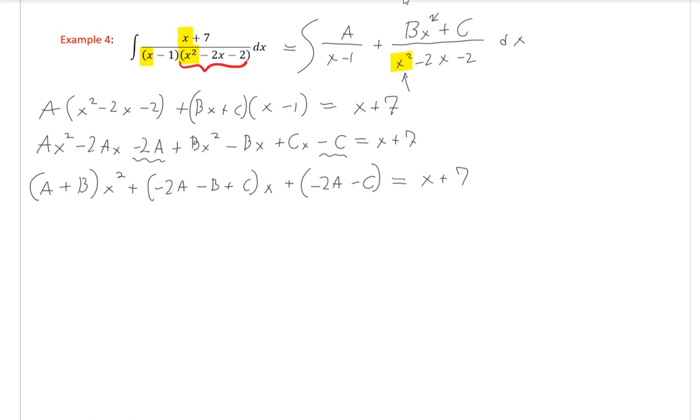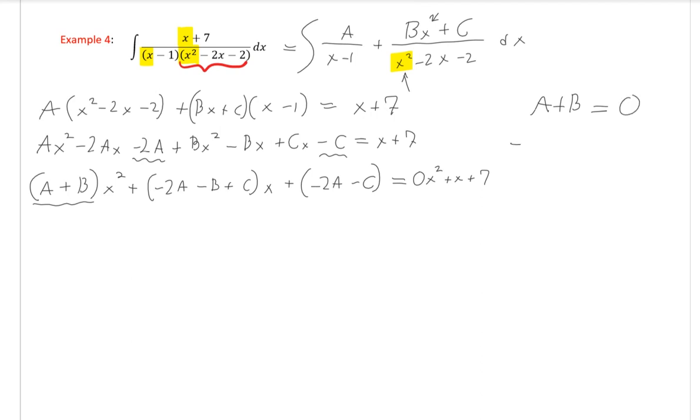Therefore, I have a system of equations. Notice that since I have x plus 7, I technically have 0x squared plus x plus 7. There's no x squareds here, so that means I should set a plus b equal to 0.